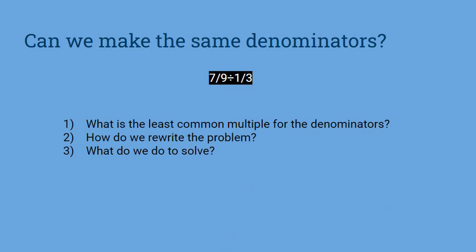Try this one out. So what you should have done is taken that 7/9, and 9 is a multiple of 3, so I can leave the 7/9 alone. I have to multiply both of those by 3 to get my answer.